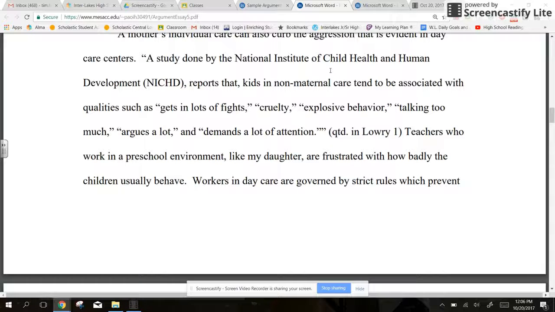This sounds pretty good. Sounds like a reputable source, and it sounds like explosive behavior and arguing a lot may not be one of the things that I would value. Therefore, strong inclusion of a source that may be compelling. I would see as a reader that the author's point is valid.